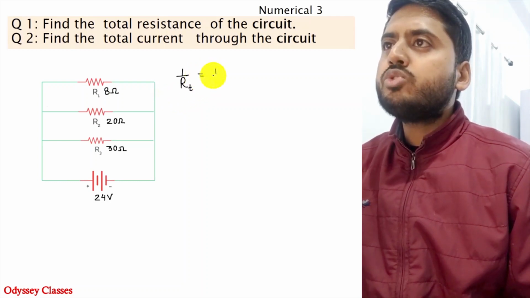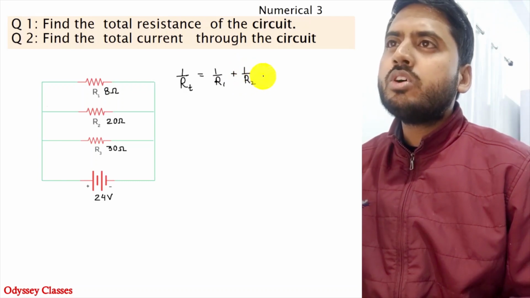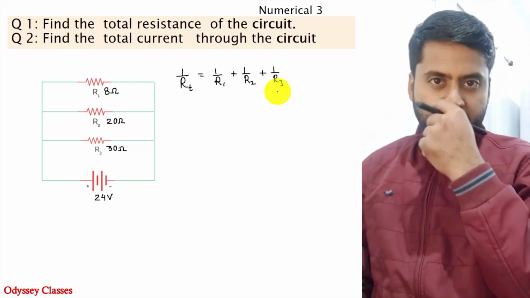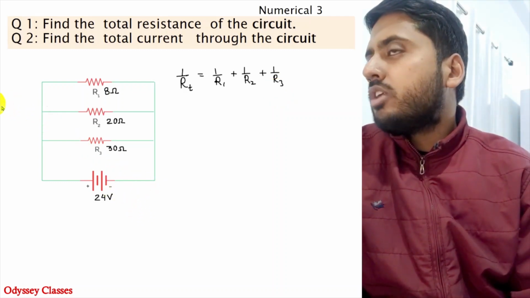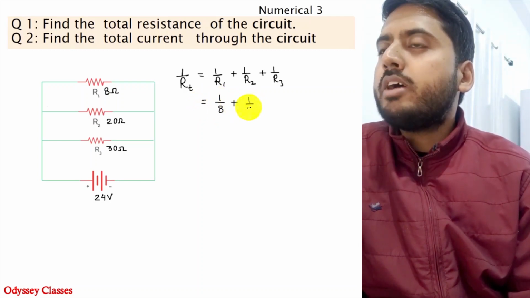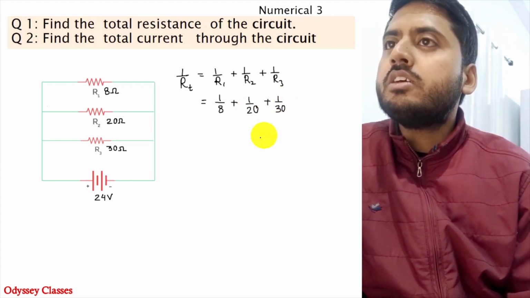This is equals to 1 by R1 plus 1 by R2 plus 1 by R3. So this is one way to calculate the total resistance. So what we can do now, we can put the values and then take LCM. So this will be 1 by 8 plus 1 by 20 plus 1 by 30.